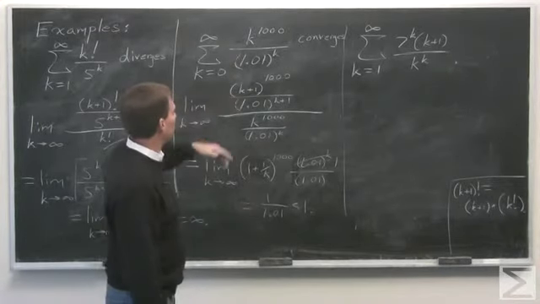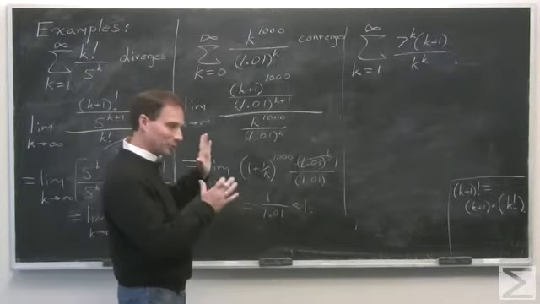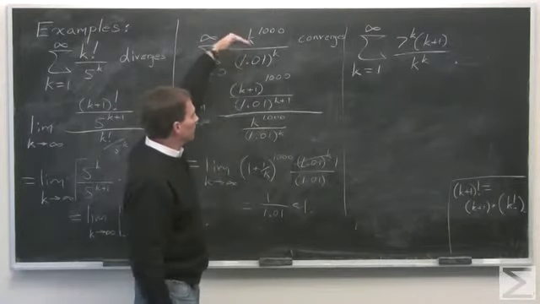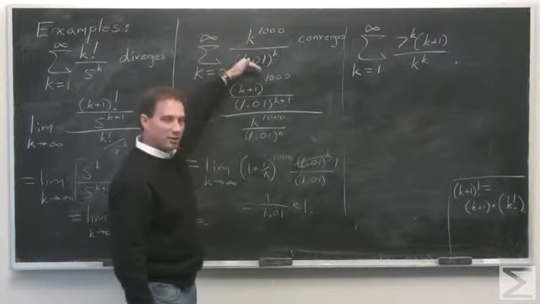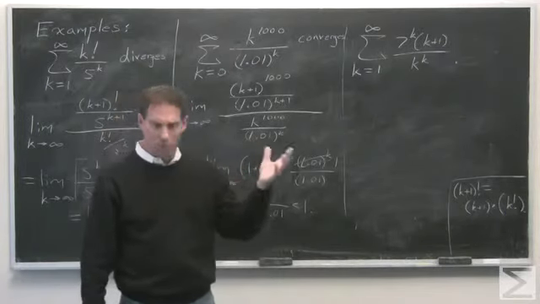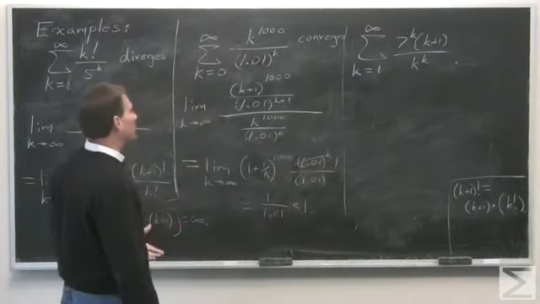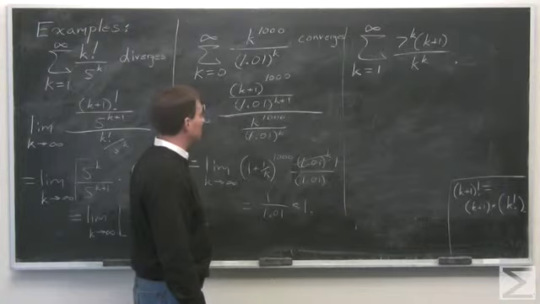Well, not when k is 0, but when k is 2 and bigger, 2, 3, 4, even when k is relatively small, other than 0, 1, this numerator is much bigger than the denominator. So you might think, oh, this diverges because the terms are big. They're not approaching 0. But no, it converges because what we get from the ratio test is less than 1.